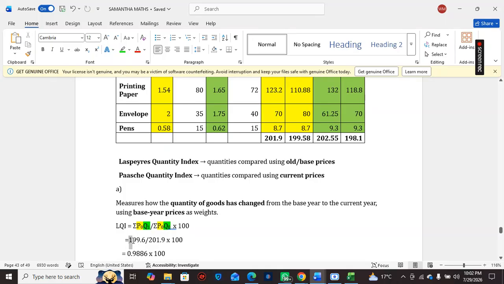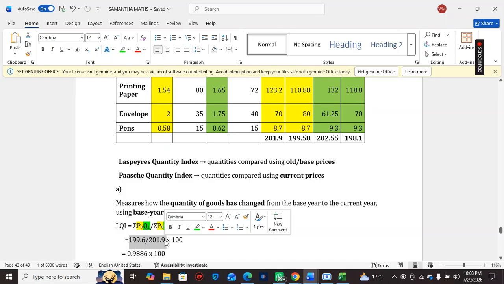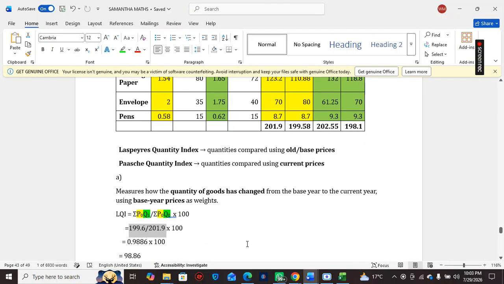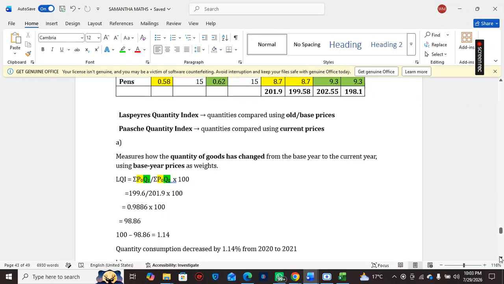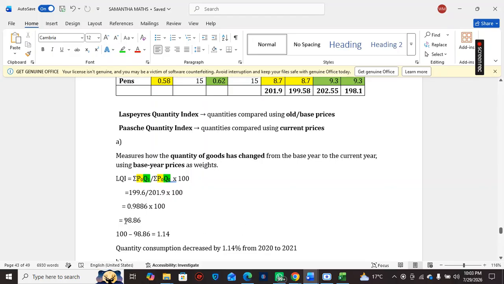So 199.6 divided by 201.9, we get 0.9886. Multiplied by 100, we get 98.86.